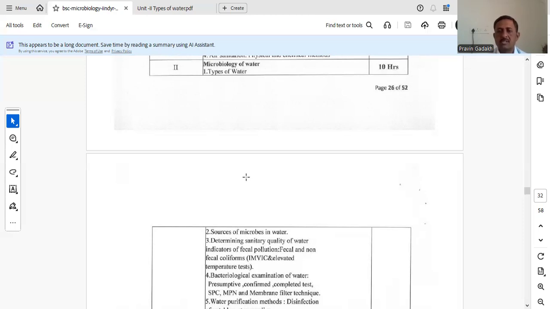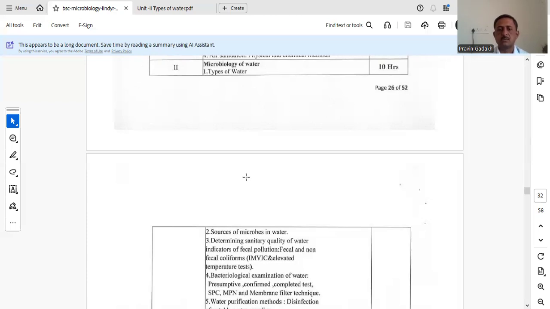Again, we have to discuss determining the sanitary quality of water with respect to fecal pollution. In that, we have to discuss what are fecal coliforms and non-fecal coliforms. We can differentiate whether the organisms entering the water bodies are from human feces or from non-fecal origin, on the basis of their IMViC classification.